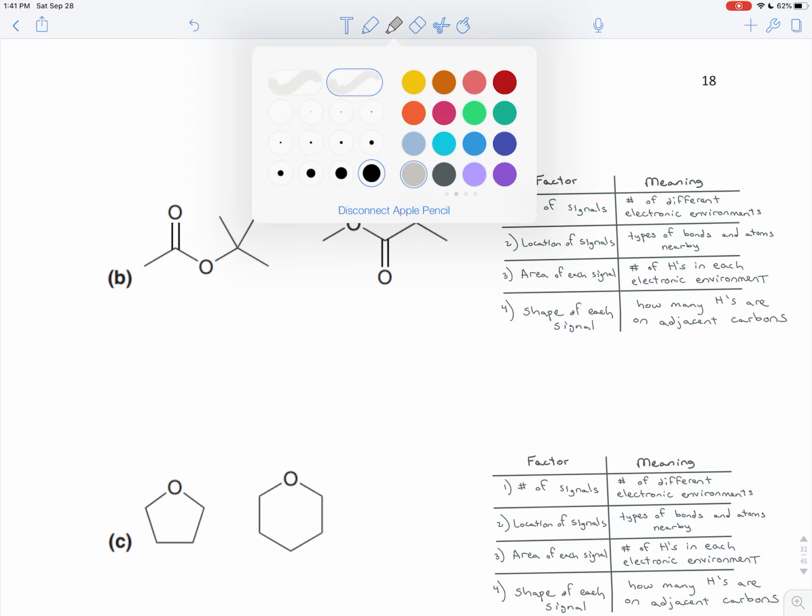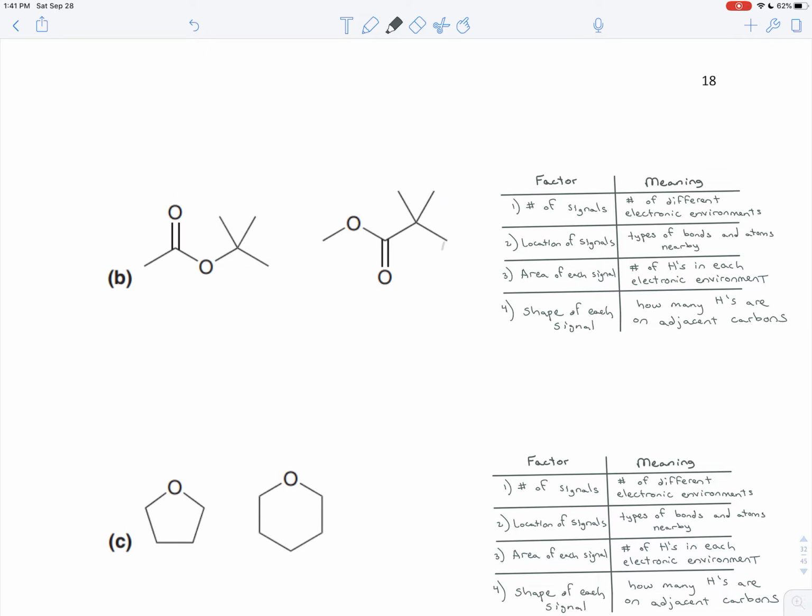All right, let's try the same thing with this one. So first we'll draw in all of those hydrogens.